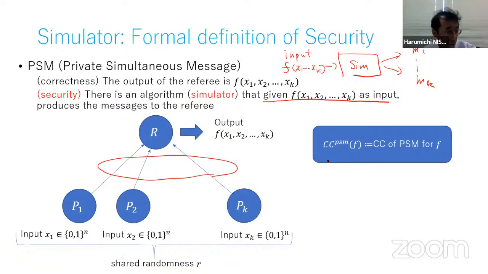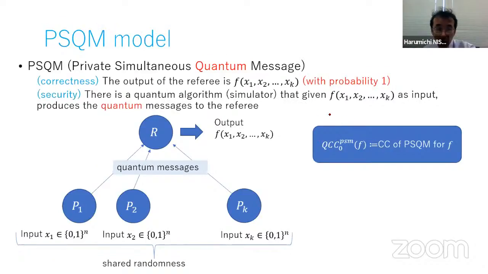Now, the communication complexity of PSM for function f is defined. Of course, we can consider the quantum case. In this case, we just change the message to a quantum message.